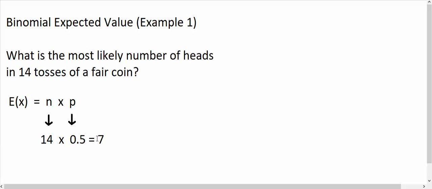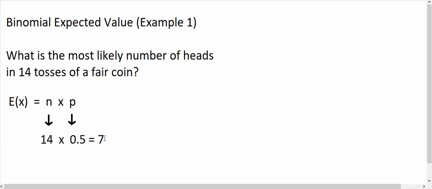And outcomes further from the expected value are less and less likely to happen. So in this situation that I have on the screen, outcomes further from 7 would be less and less likely. So when you toss a coin 14 times, 0 heads and 14 heads would be the least likely because they're the furthest from 7. And they're also the two most extreme outcomes out of all possibilities.